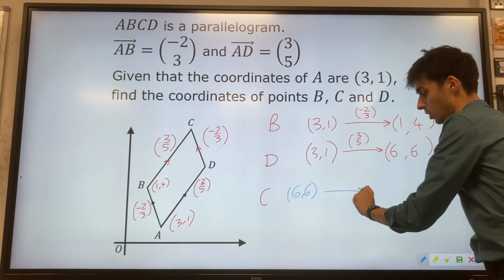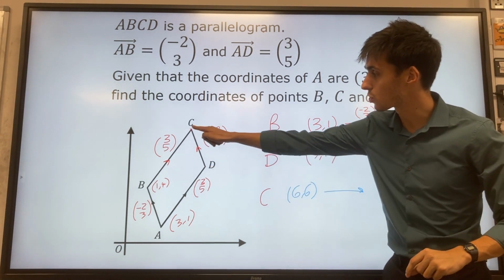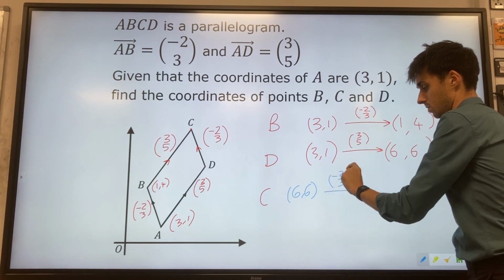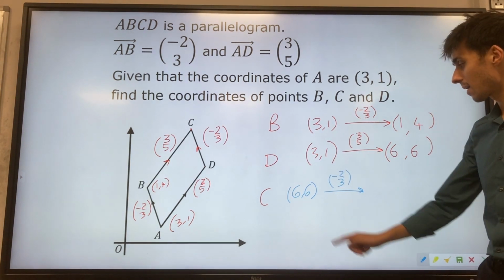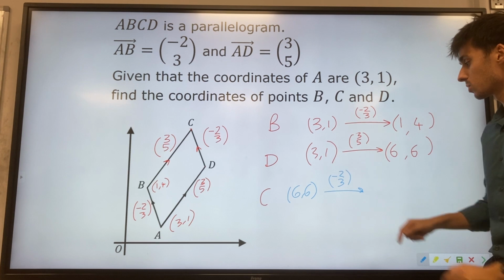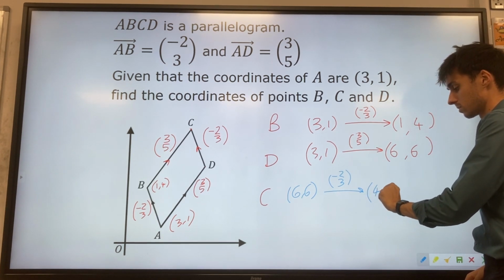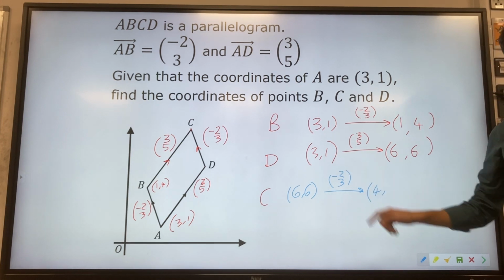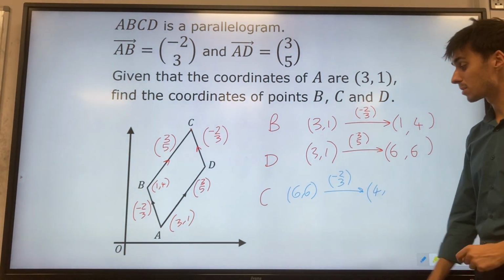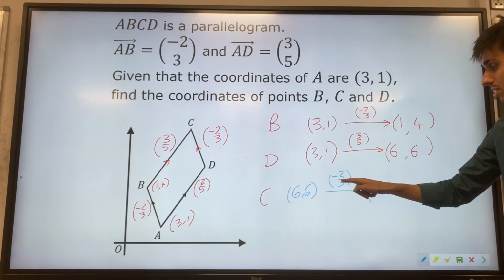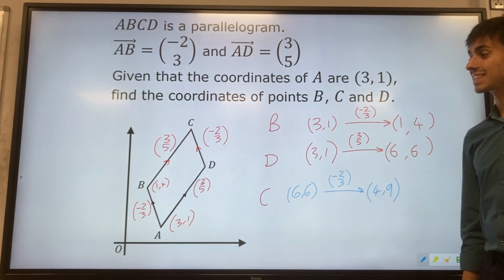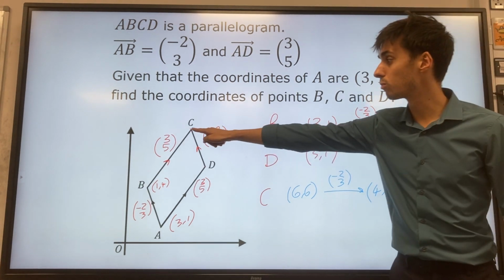And we're going to travel along the vector minus 2, 3. Let's see what happens if we do that. 6 minus 2 should get us to 4. We're looking at the first number of the coordinate, the first number of the vector. If we look at the second numbers, we've got 6, add 3 to get to 9. So I think C would have the coordinate 4, 9.